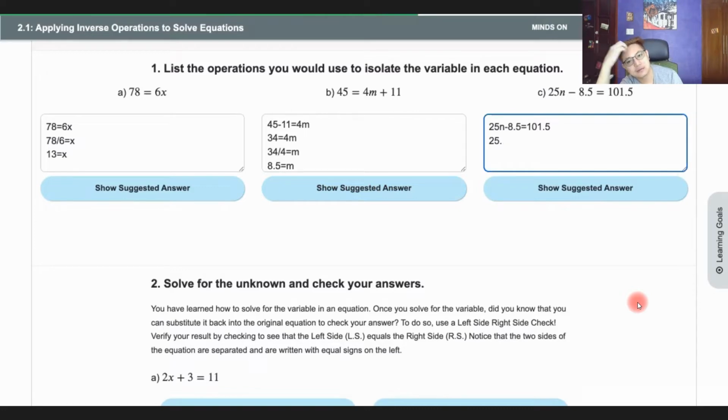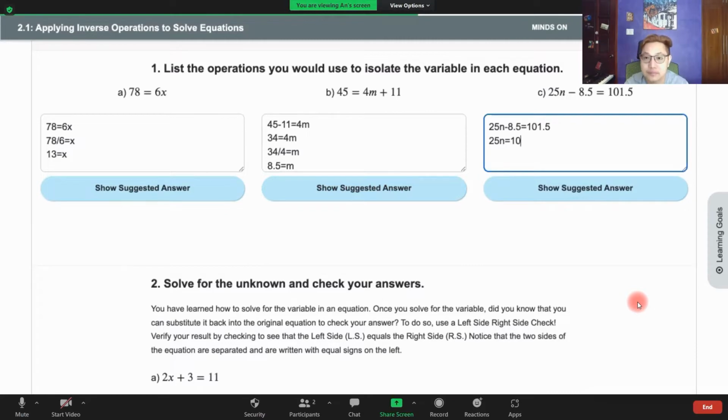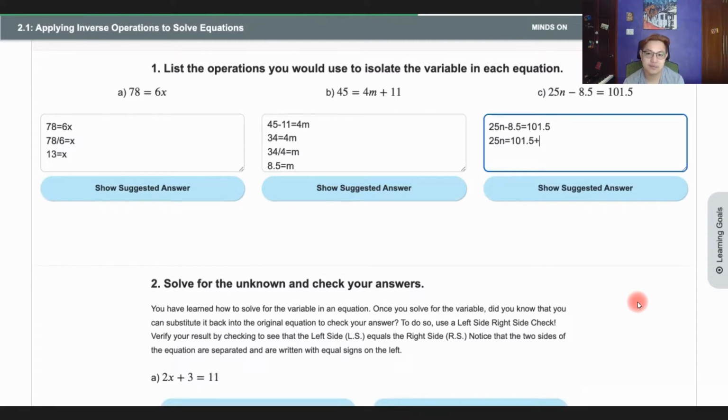It's 25n equal to 5 plus 8.5. Space. So 25n equal... 110. Very good.